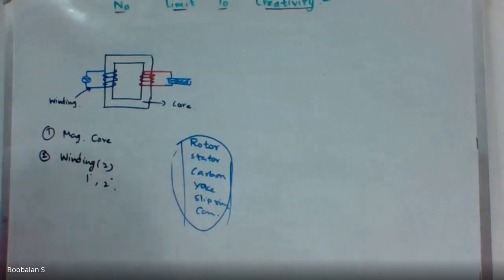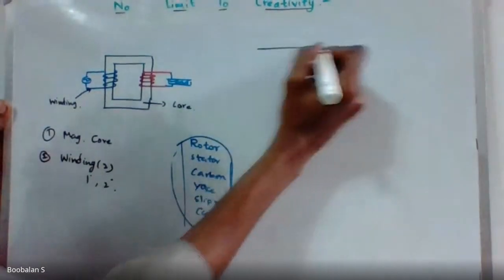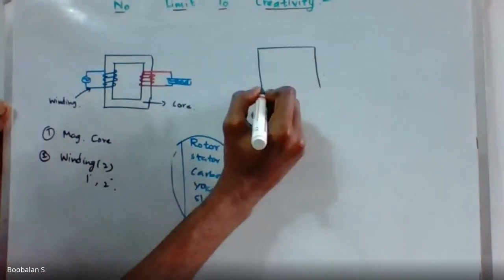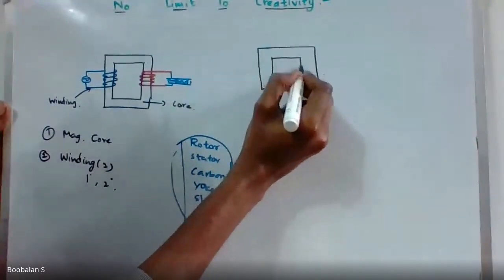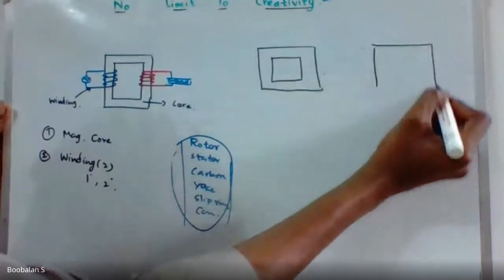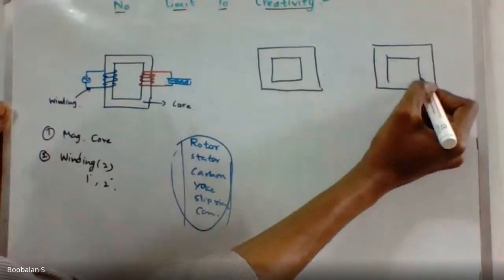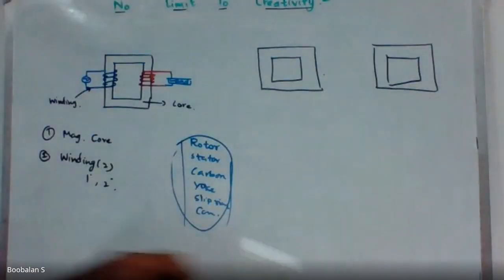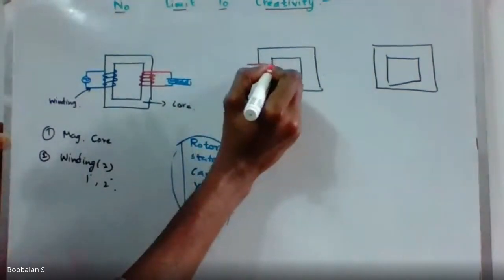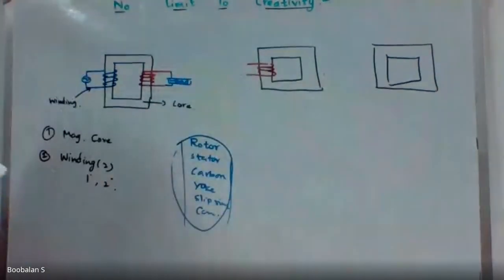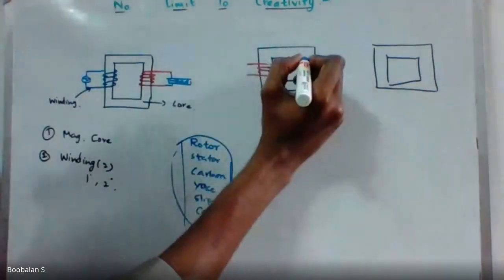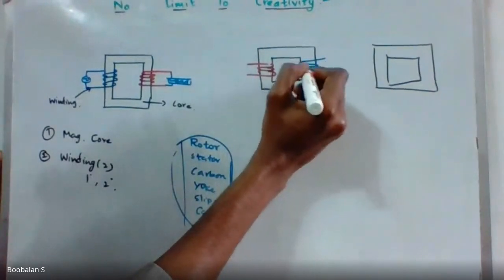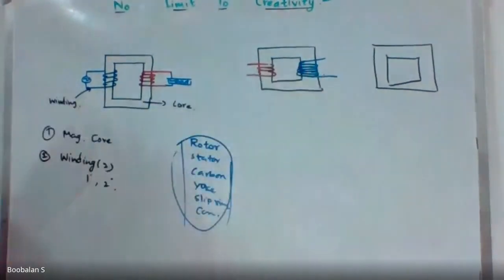This is called step up. I'm just going to draw it, one second. We need a small recall. Here there are only two windings, and on my output side there are more turns, so this is called my step up transformer.